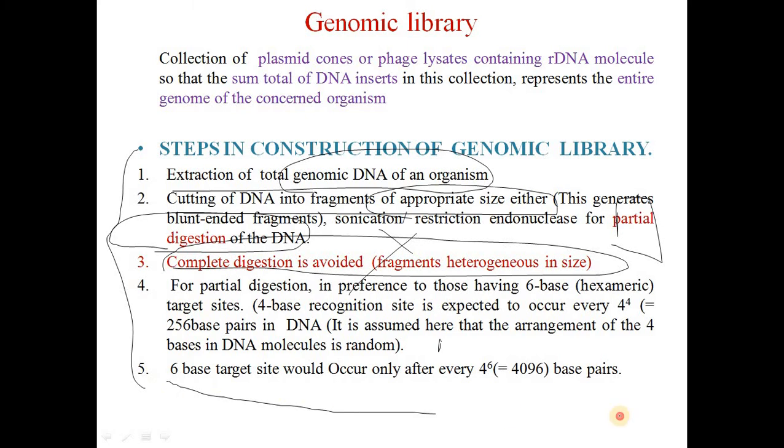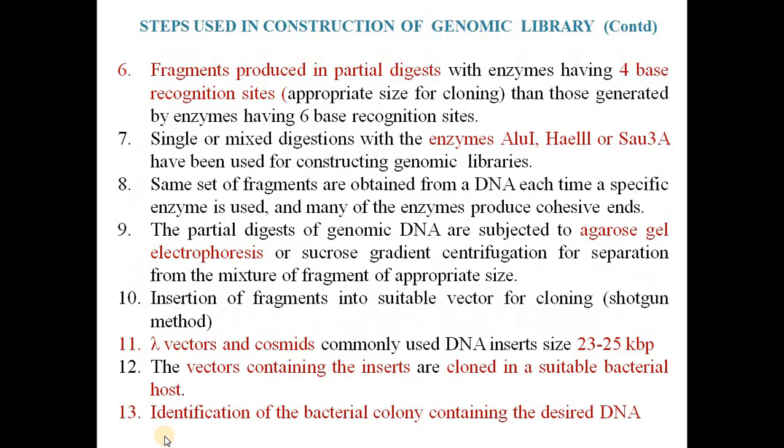What will happen if we take a 6 base pair target site? It will occur only after 4096 base pairs, which is very large, so the use of a 4 base recognition site is preferred over 6 base hexameric target sites.